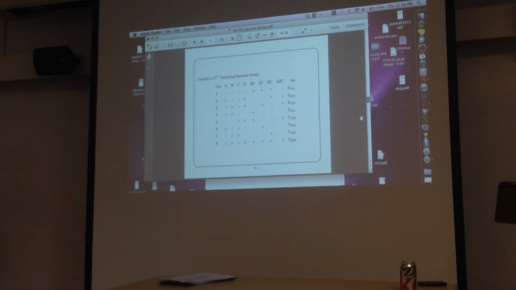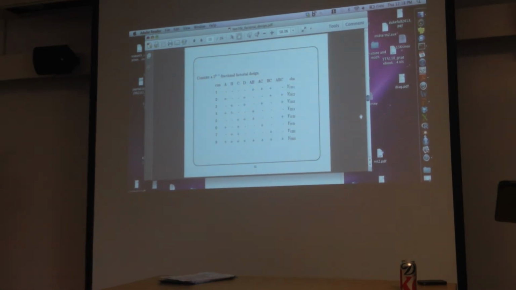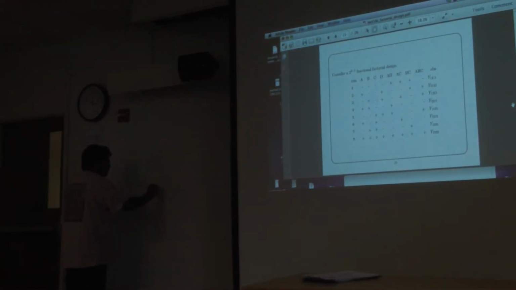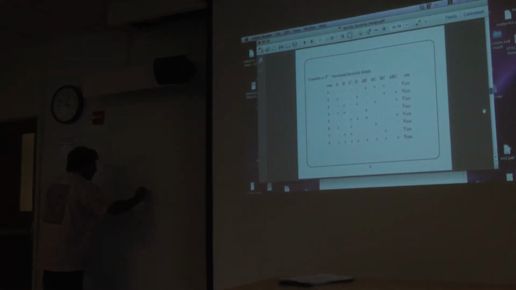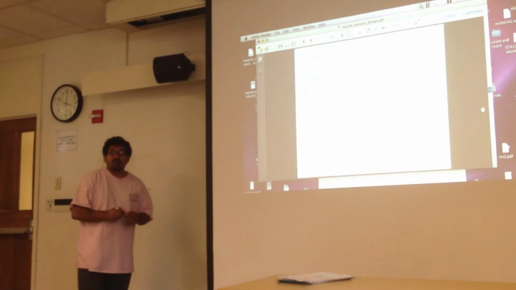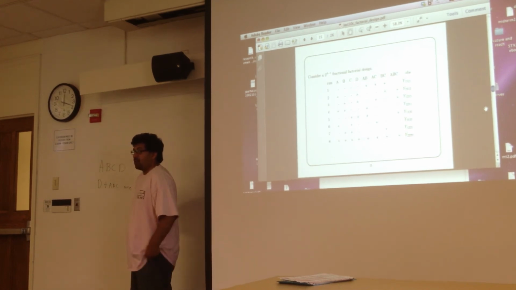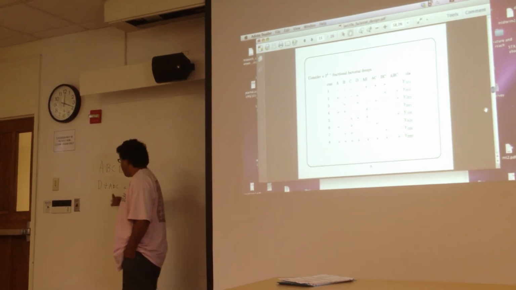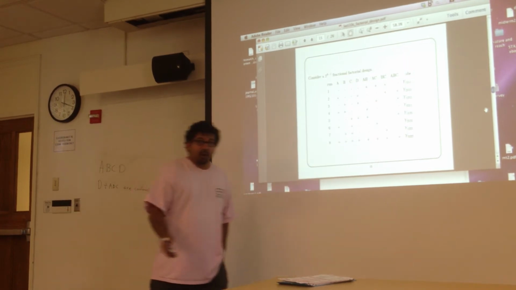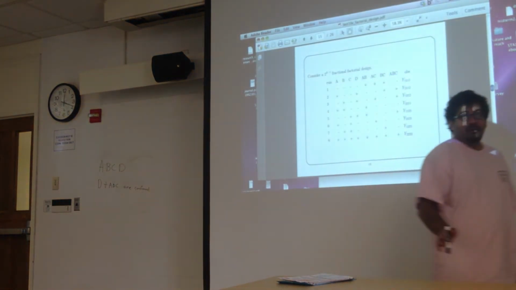And we know, you said D and ABC are a confound. So what do we know at least the level is going to be here? At least level 4, right? It might be lower, let's look, but at least it's level 4.